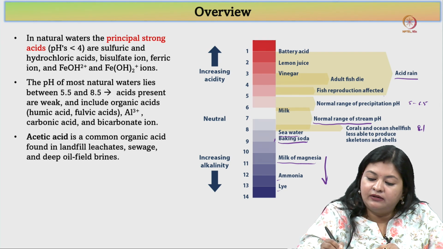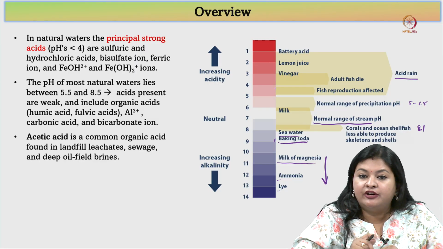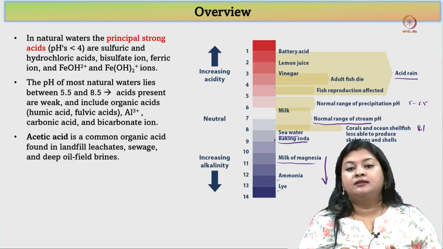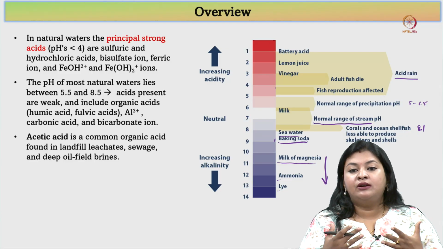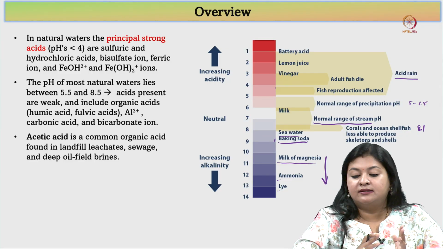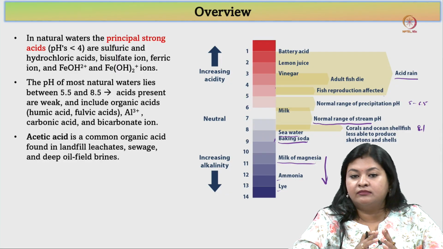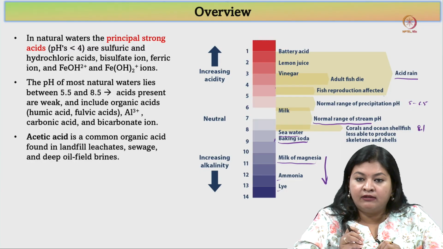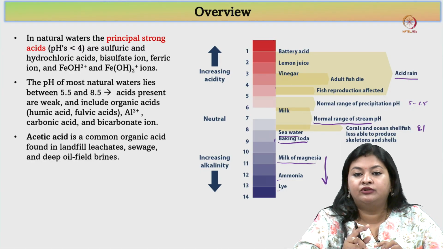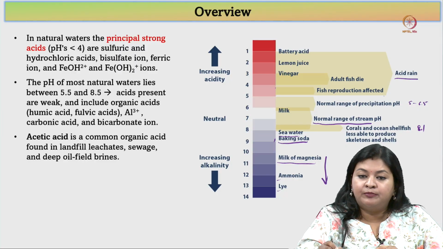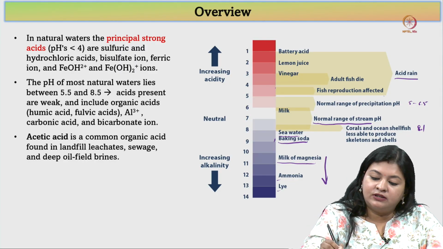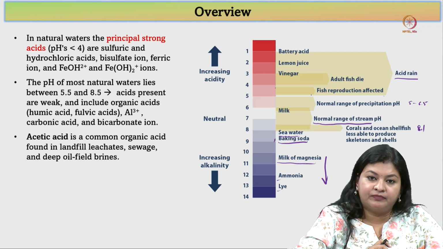But within this particular value, fish reproduction starts getting affected. That means their biological nature is changing, their eggs, the formation of new generations, there can be changes in the morphology of the fishes. So, their reproduction and morphology get affected beyond this particular pH.